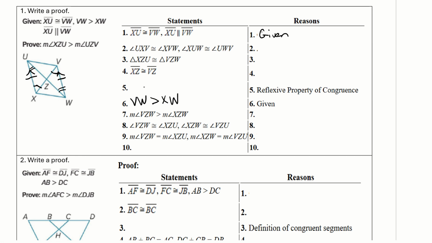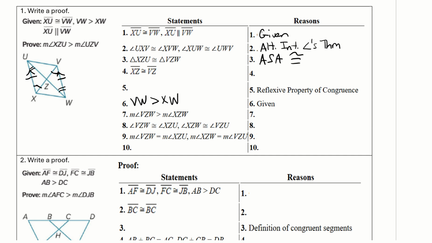All right, and those are alternate interior angles. So alternate interior angles theorem. Okay, so now notice that we got an angle, a side, and an angle. So these two triangles are congruent by ASA, angle, side, angle congruence.